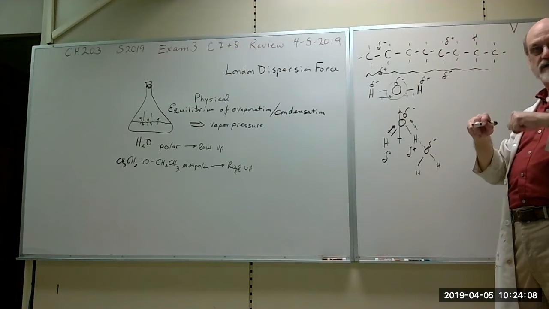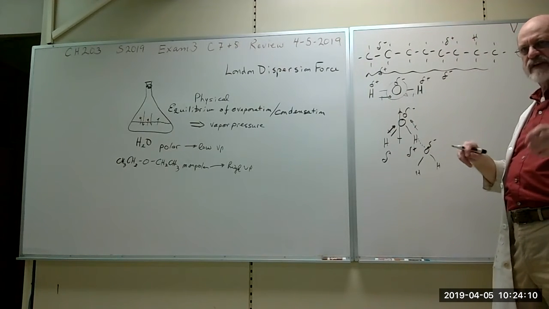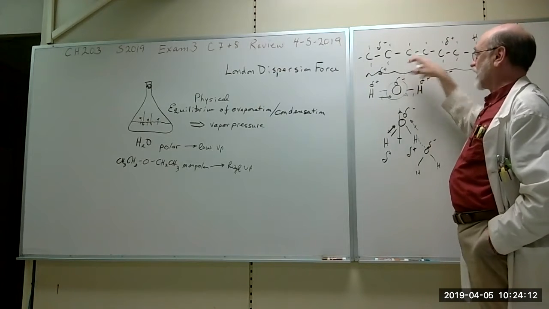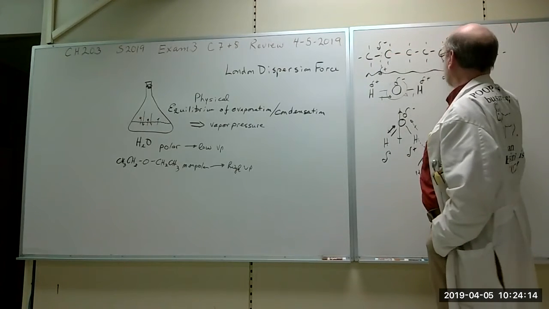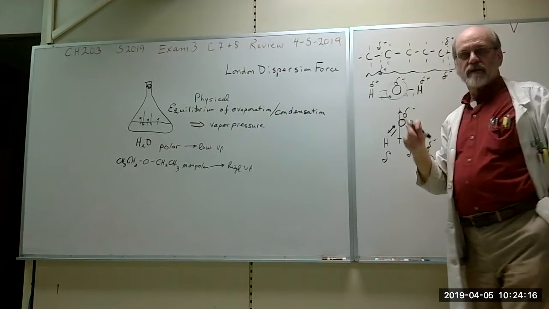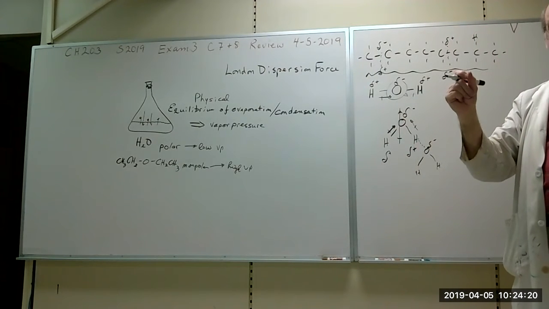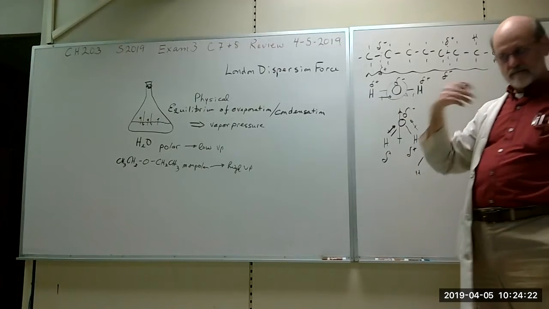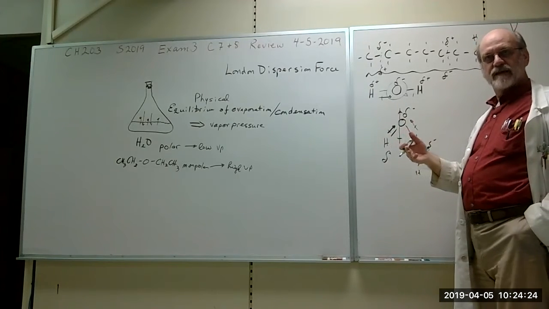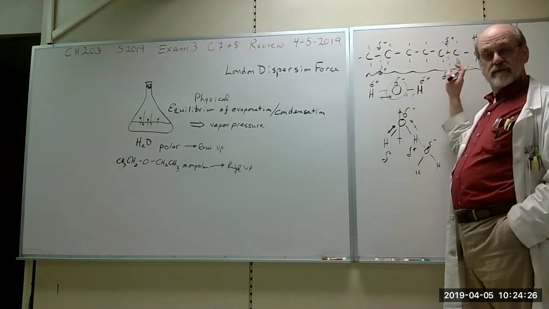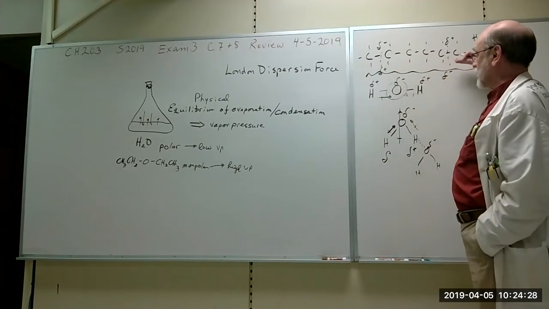Okay? This is happening just in the blink of an eye. When that happens, you get attractions. They come, they go like that, but they happen repeatedly. And the longer the molecule, the more chance there is for interaction.